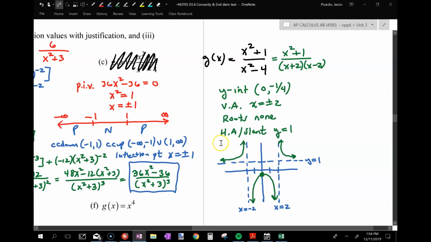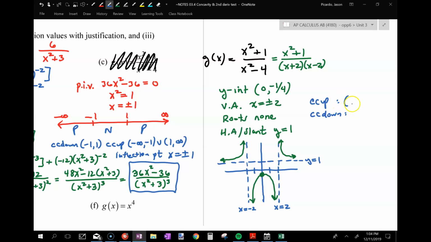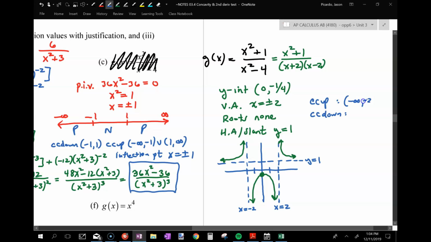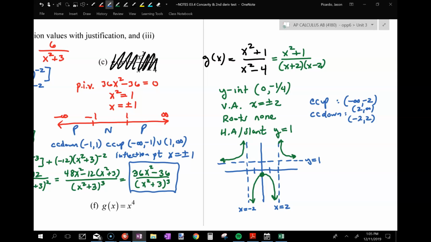Now, by the way, looking at this curve, what did you have to answer? Where is it concave up? Where is it concave down? Where's this concave up? -infinity to -2, and from 2 to infinity. Where is this concave down? -2 to 2. So is there a change of inflection at -2 and +2?